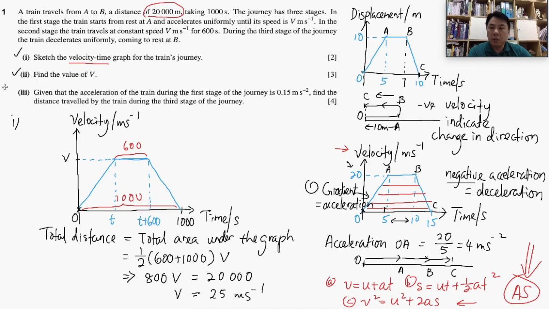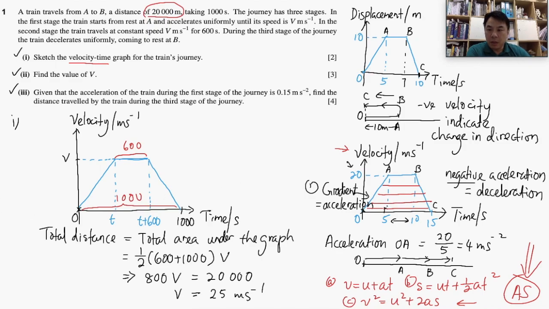Now the third one. Given that the acceleration of the train during the first stage, which is this part here, is 0.15 meters per second squared, we need to find the distance traveled by the train during the third stage of the journey.